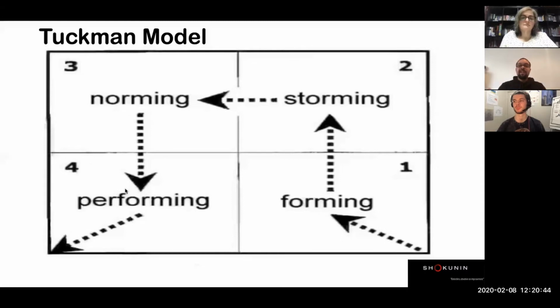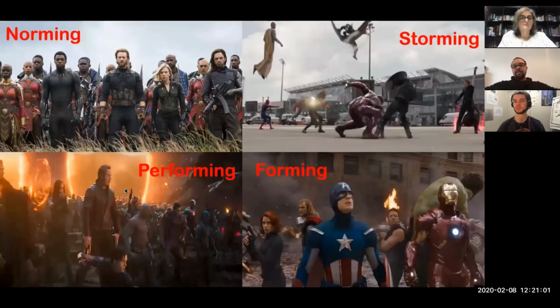So the question becomes, how long do we hover around, particularly forming and storming. And again, every team goes through this. So it's another one of those things of being able to say, you know what, we're not different from anybody else because we're forming or because we're storming. Every single team goes through that same thing. The most famous of teams goes through that. Look at the course of the Great Avengers. They've gone through all of those different stages at certain times and have gone back and forth, because that's what happens with teams.